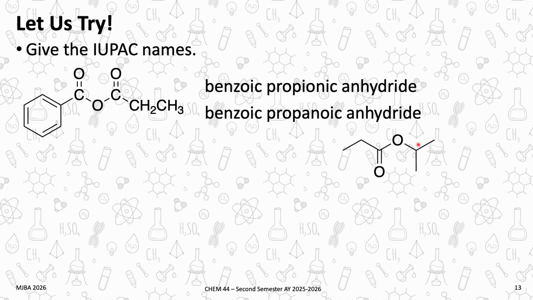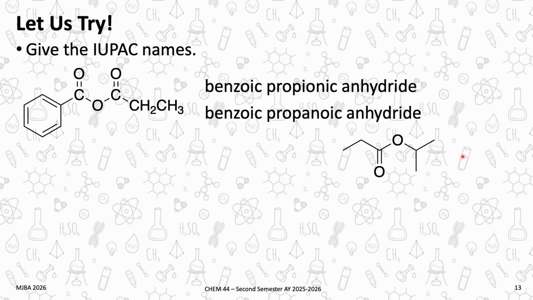Alright, for this example, this is the OR group, and this is the carboxylic acid group. The carboxylic acid part has 3 carbon atoms, so that's propanoic or propanoate, propionate or propanoate.